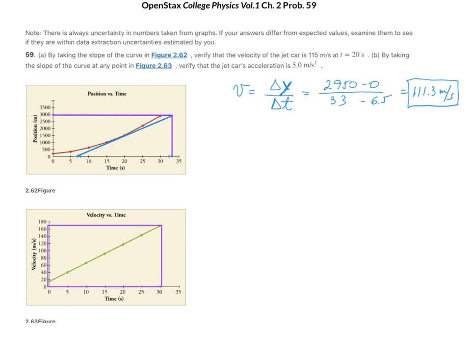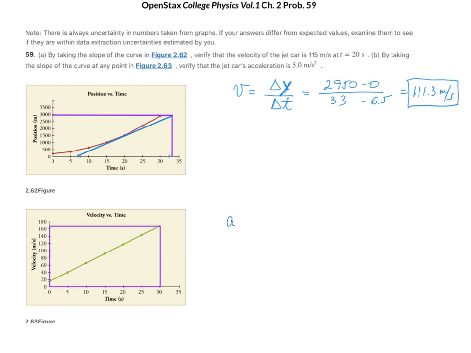So let's move this a little bit here. Okay, and it seems like I have to change this a bit. There we go.